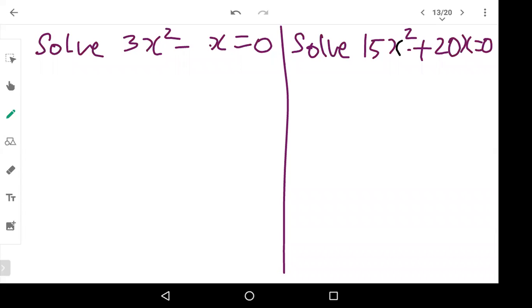Okay. So this question, what is the answer that you got? 3x square minus x is equal to 0. Did you get any answer for this? Okay, you've got plus square root of 1 by 3, minus 1 by 3.